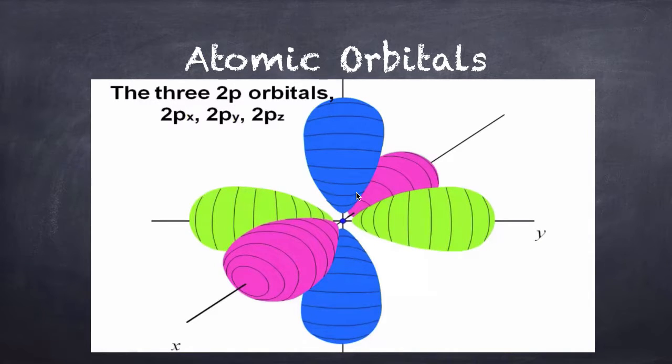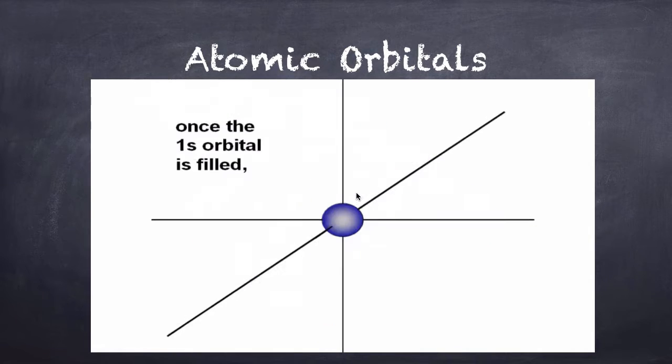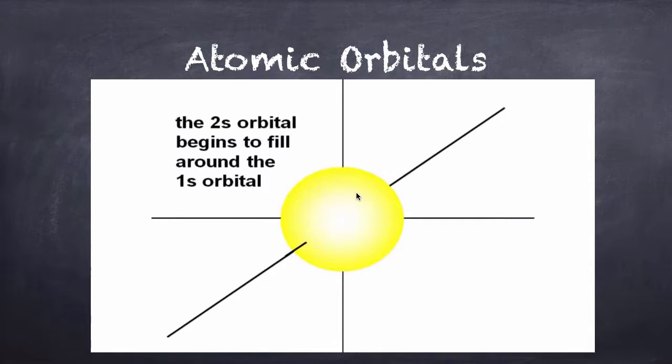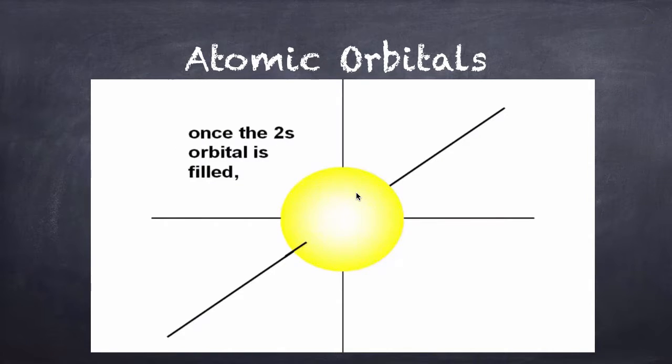If the p electrons are filling up, we know that the 1s and the 2s must also be filled up. So let's take a look at that. Once the 1s orbital is filled, we can then start to fill the 2s orbital, but again with only 2 electrons. Once 2s is filled, and remember 1s is still there, it hasn't disappeared, so 2s fills around the 1s.